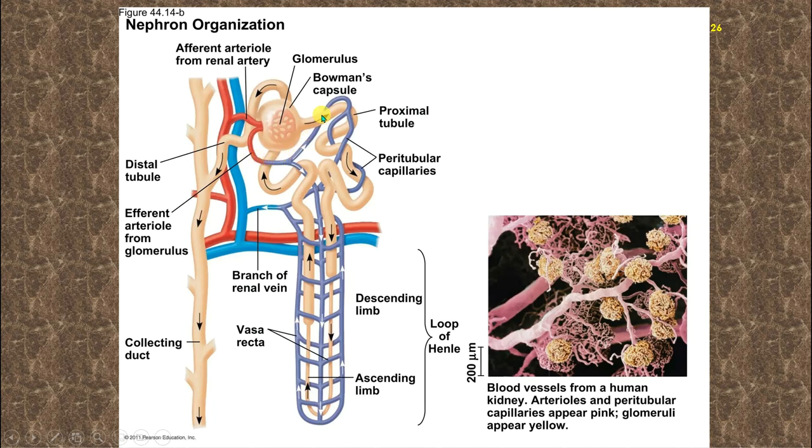Then once again it surrounds the descending loop and ascending loop of Henle, and the proximal convoluted tubule and peritubular capillaries surround the different parts of the tubules, the collecting ducts, etc.